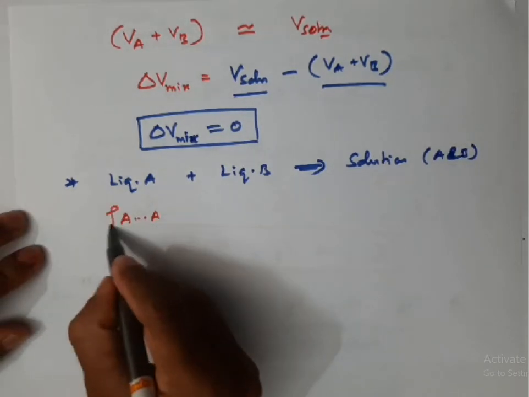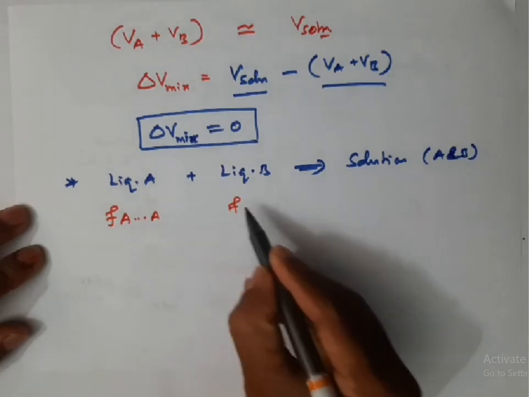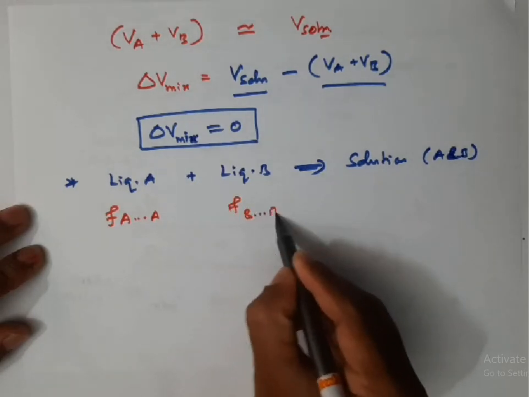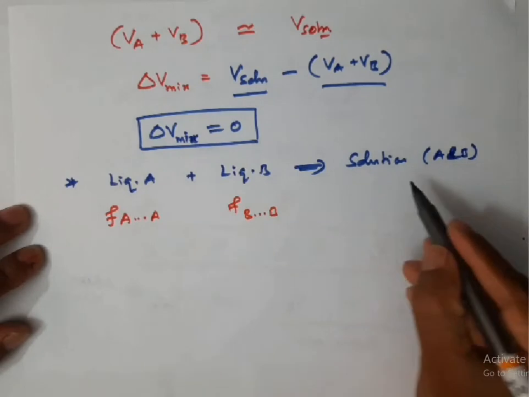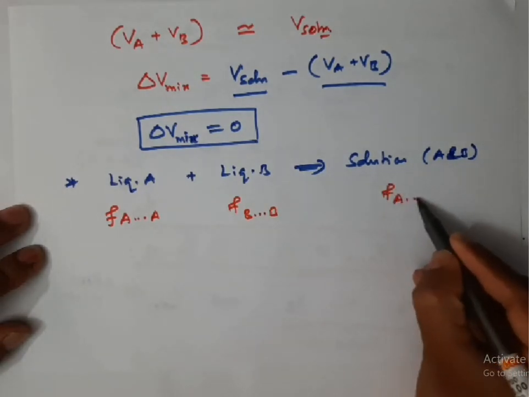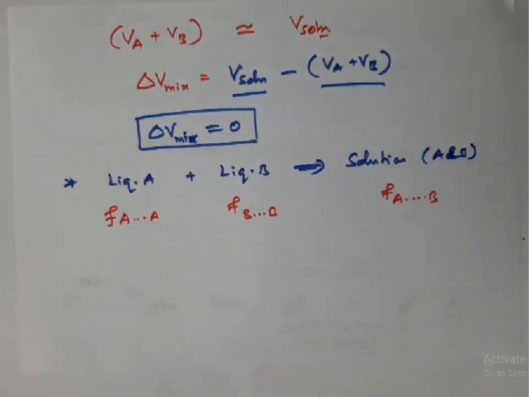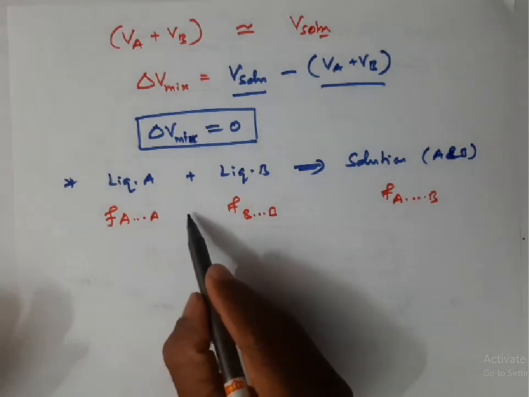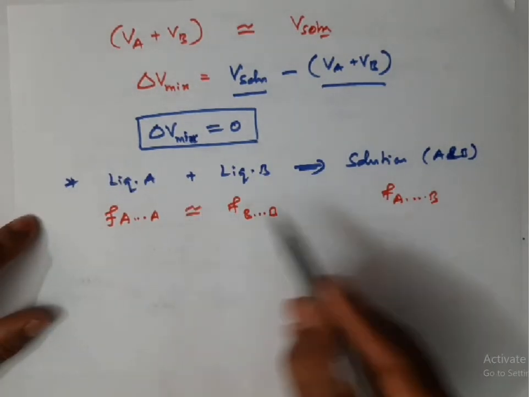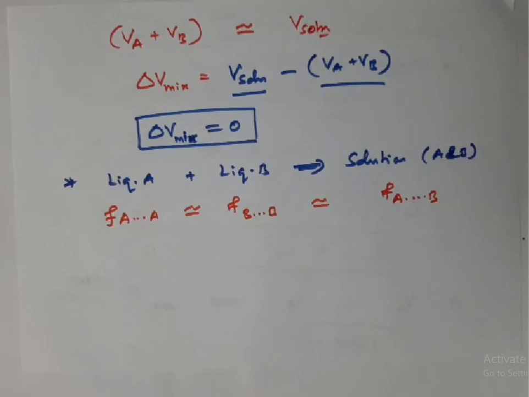In liquid B we have some force of attraction between BB molecules. If you mix the two, we get force of attraction between AB. For ideal solution, I have told you these are all roughly equal. If they are equal, we call the solution an ideal solution.